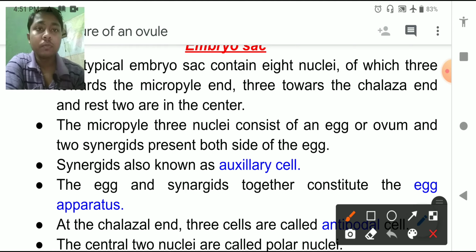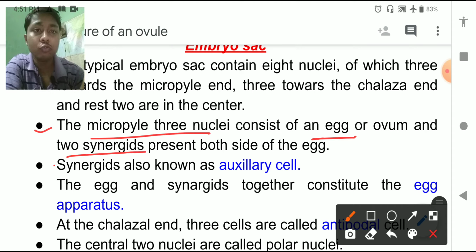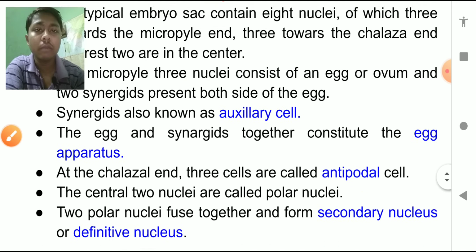Okay, so this is number 2. Synergids are also known as accessory cells because they help in fertilization. That's the reason it is called an accessory cell. Accessory means helping.